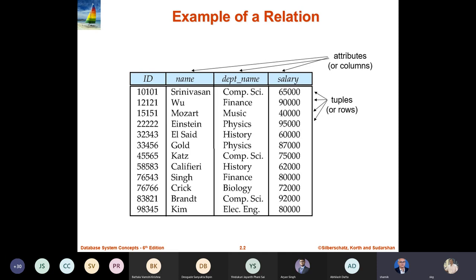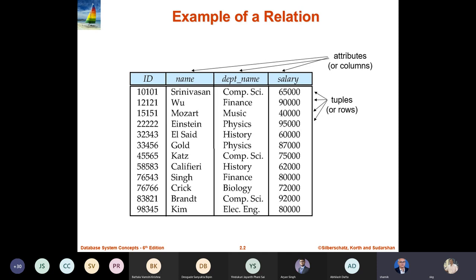It says that any such entity or relation with its attributes can be represented in a two-dimensional tabular form, where every row, or every tuple in database terms, talks about a relation among that set, right?